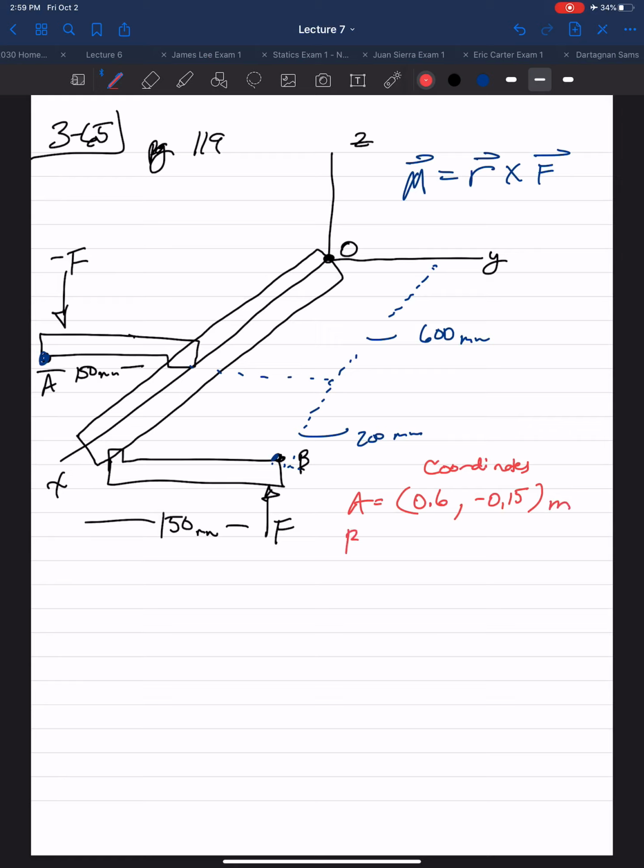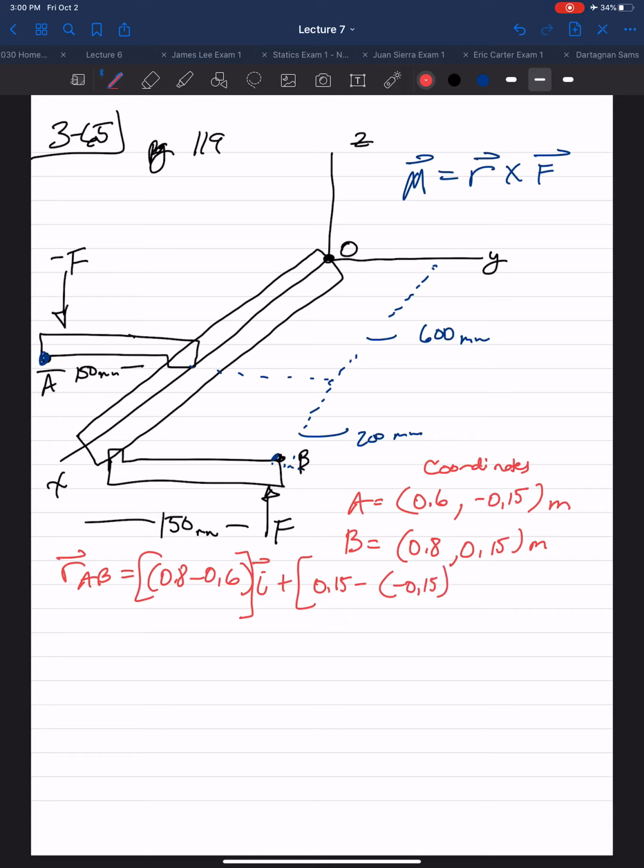For B, you have to go 800 millimeters, so 0.8 meters, X direction, and 0.15 in the positive Y direction. So my position vector R_AB is 0.8 minus 0.6 i plus 0.15 minus negative 0.15 j.